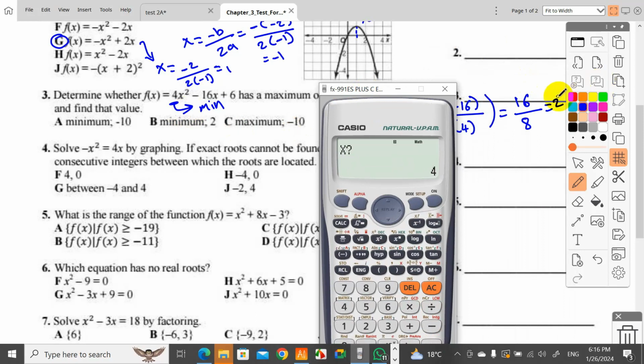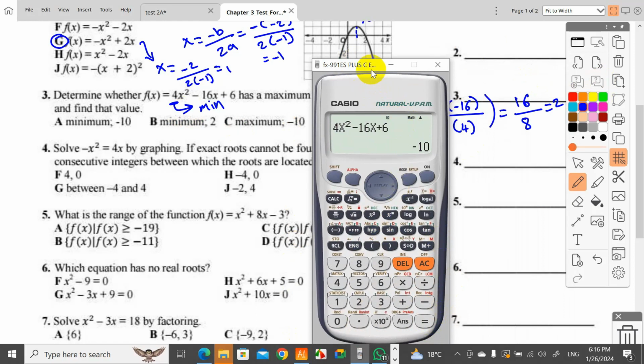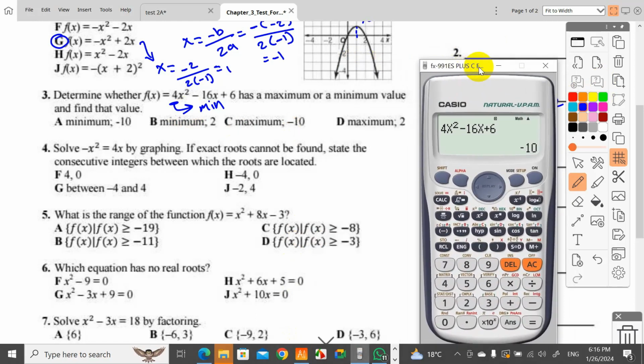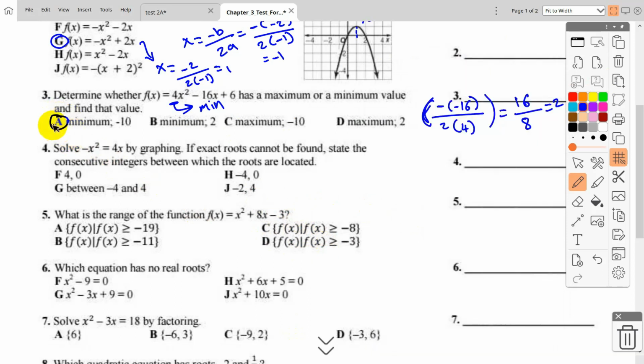Solve for x equals 2, then equals, the solution will be negative 10, but we have a minimum value, so letter A will be the correct answer.